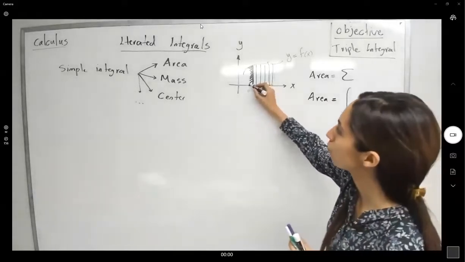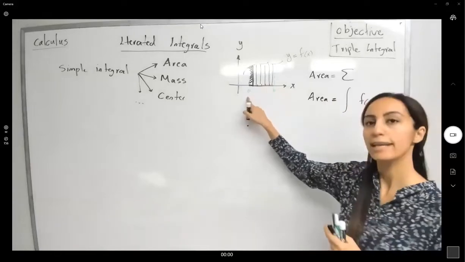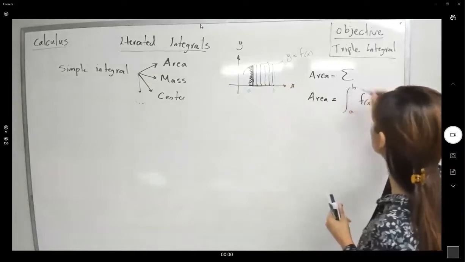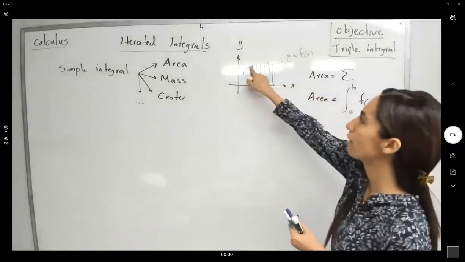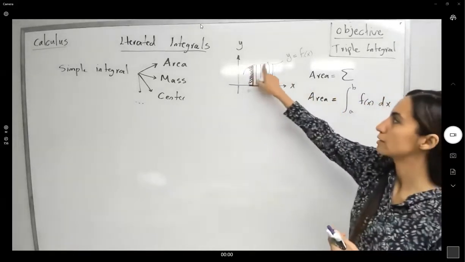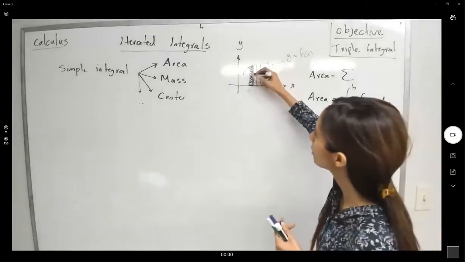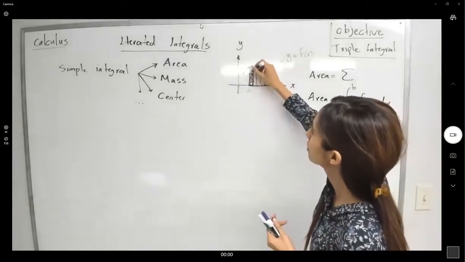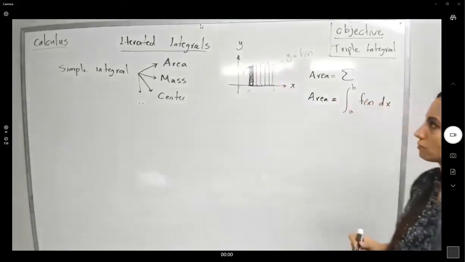It means that if we start walking on the x-axis, we start at this point a, and we stop at this point, which is b. Our x changes between a and b, and here you have heights. These heights depend on this function. As I start walking from a to b, my y value starts ranging from 0 to this top at y equals f of x.